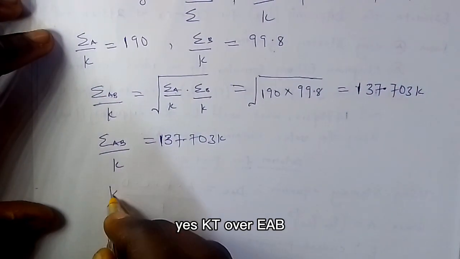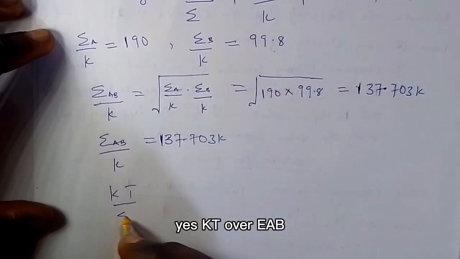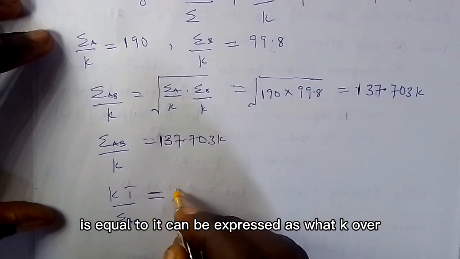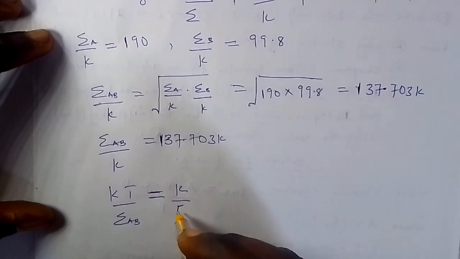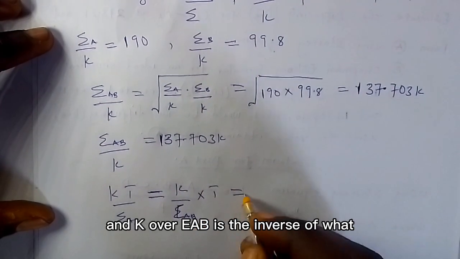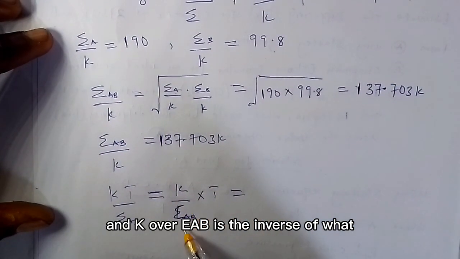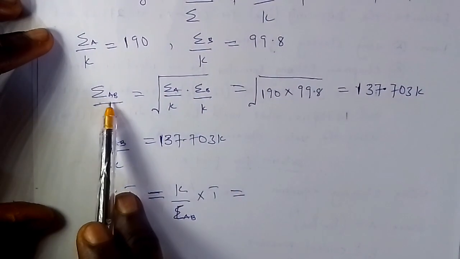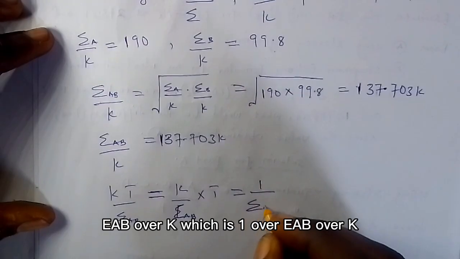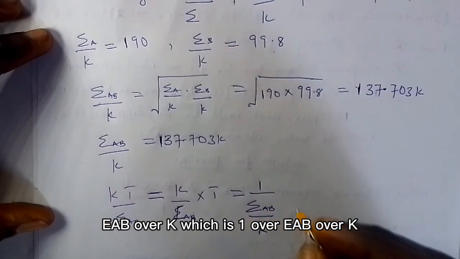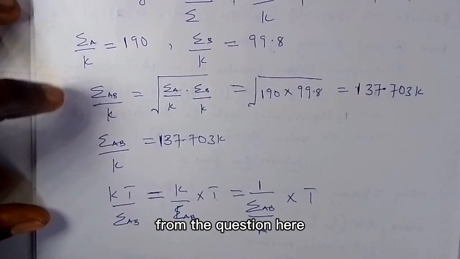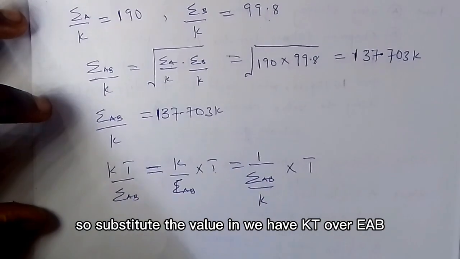So the next thing is for us to get our KT over EAB. KT over EAB can be expressed as K over EAB multiplied by T. And K over EAB is the inverse of EAB over K, which is 1 over EAB over K, multiplied by the actual temperature from the equation here. So substitute the values in.